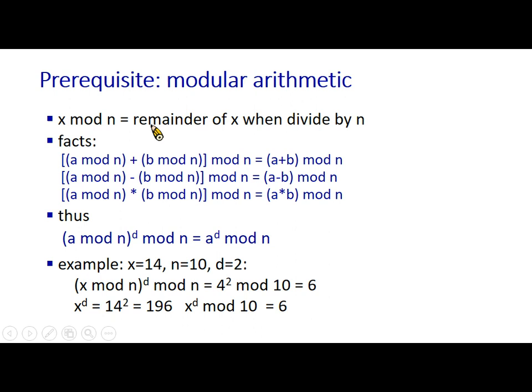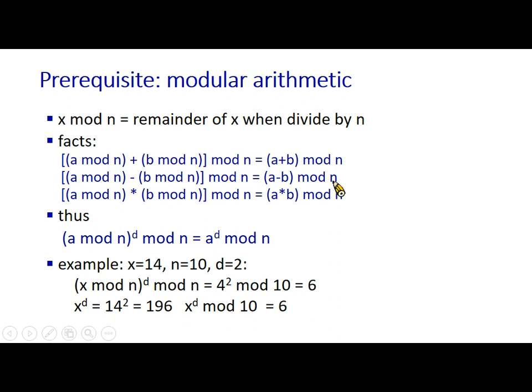We can see the facts: A mod n plus B mod n, then mod n, equals A plus B mod n. Similarly, A mod n minus B mod n, then mod n, equals A minus B mod n.